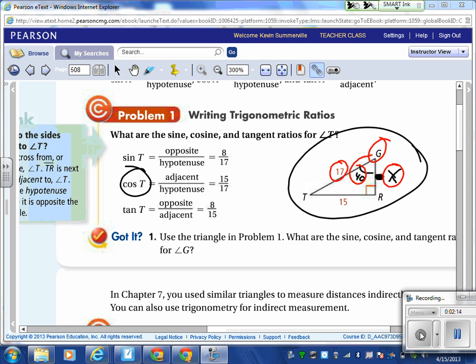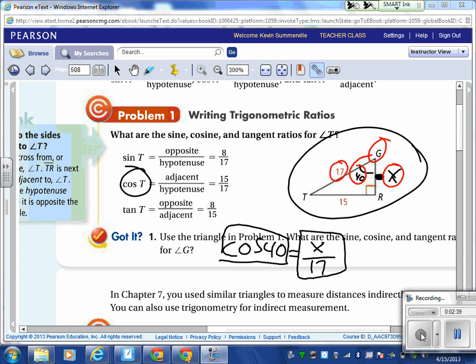So we would say cosine 40 equals x over 17, which would look like this. That's what it would look like: cosine 40 equals x over 17.